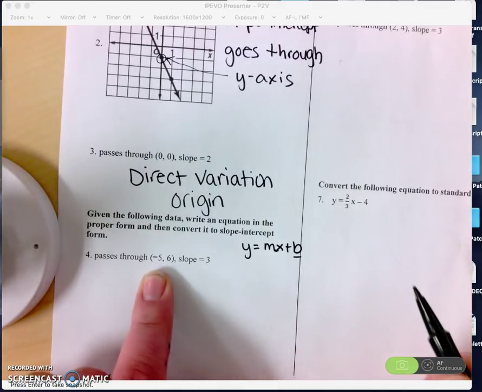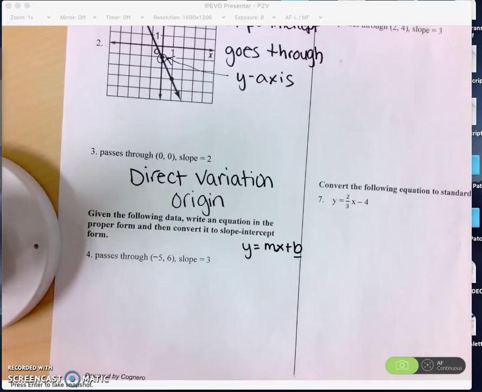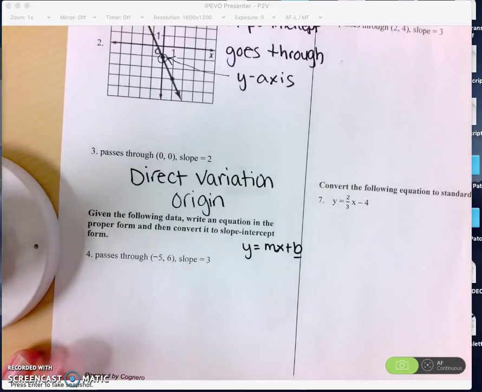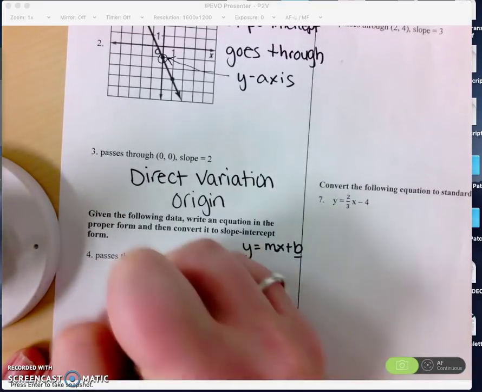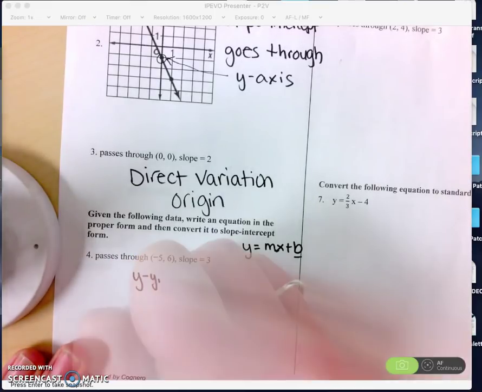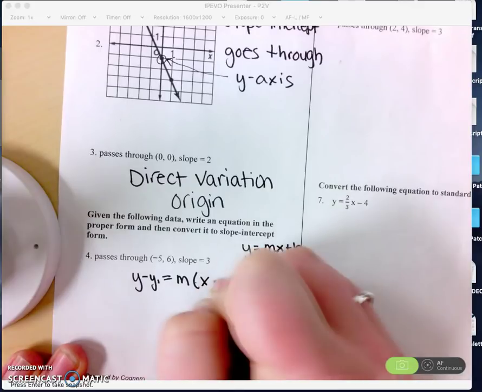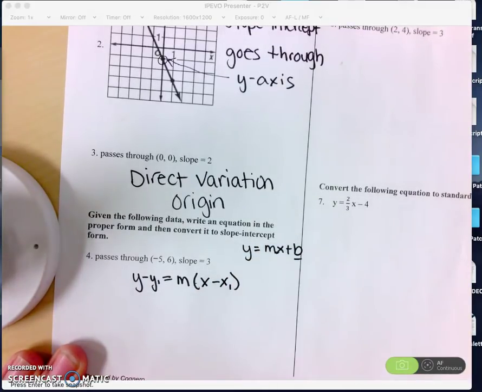This is not the y-intercept. So the first thing that I have to do is put it into a form that I can put it in. If I'm given the point and the slope, I would put it in point slope form. y minus the y coordinate equals the slope times the quantity x minus the x coordinate.